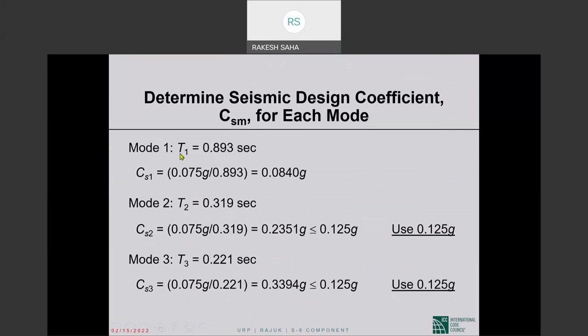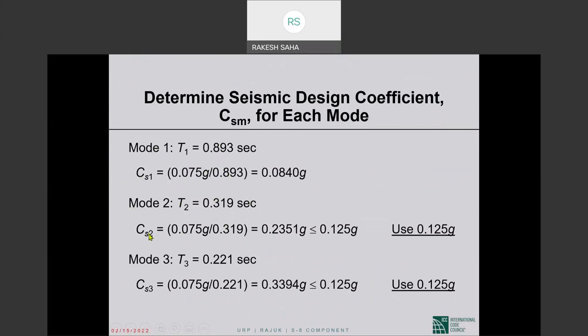We have modal periods. First mode period 0.893 seconds. So first mode base shear coefficient is 0.075 G divided by the modal period, which is 0.0840 G. Second mode period is so much.